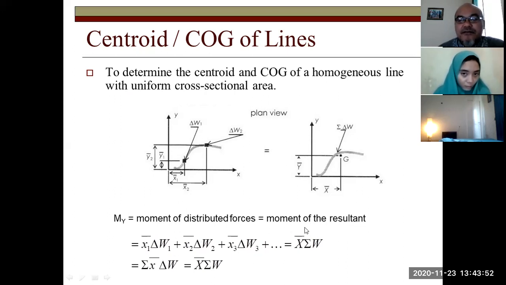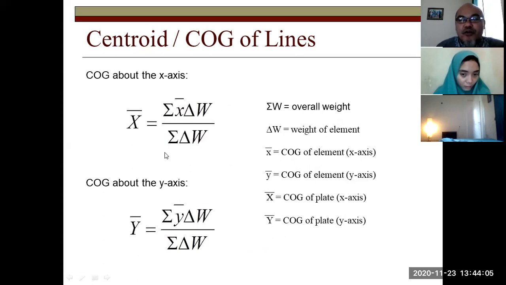Then sigma x upper bar delta W equals x upper bar sigma W. So from here we obtain the center of gravity x coordinate equals the sum of the moments of each element about the y-axis, sigma x upper bar times delta W, divided by the total weight of that rope.